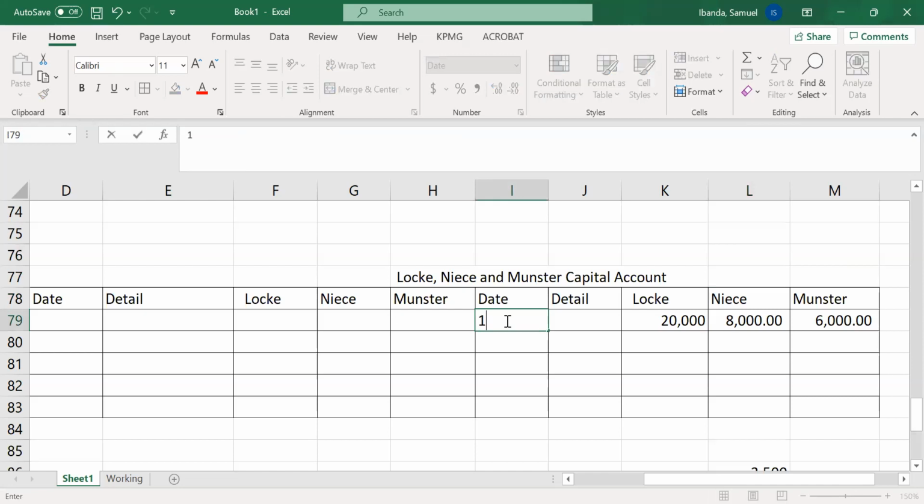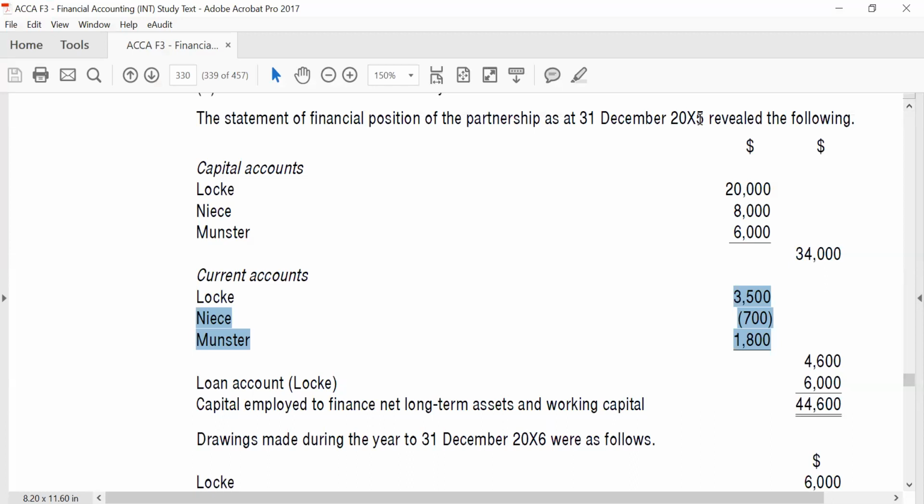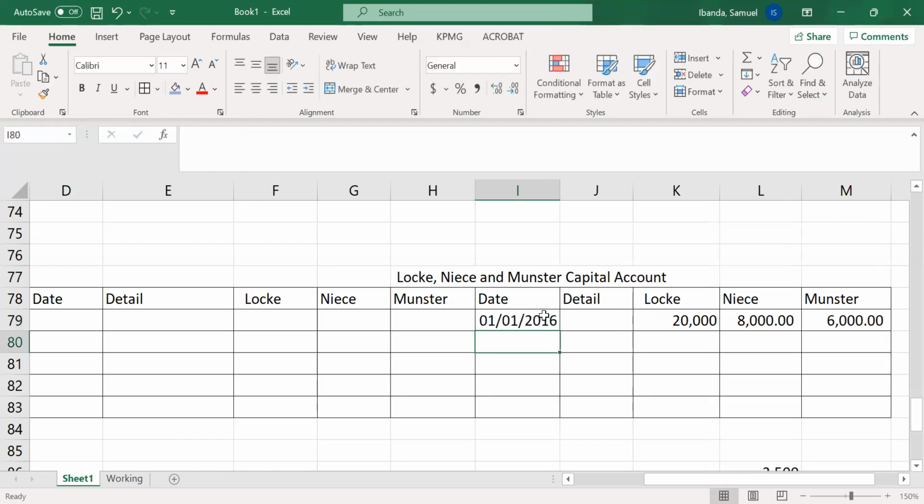Remember, these balances are as of end of last year, 2015, so they are the same balances as of 1st Jan 2016.